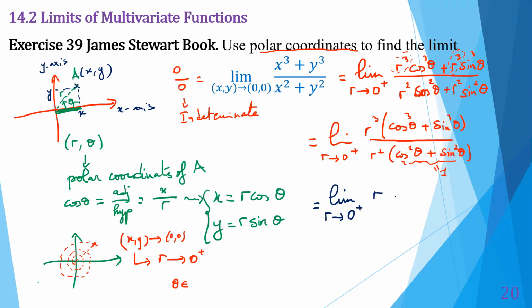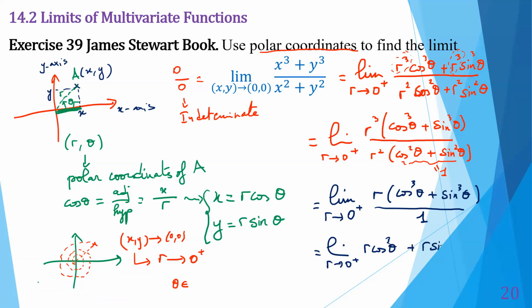So we have r in the numerator, times cosine cubed theta plus sine cubed theta, and in the denominator we have 1. So finally this is the limit as r goes to 0 plus of r cosine cubed theta plus r sine cubed theta.